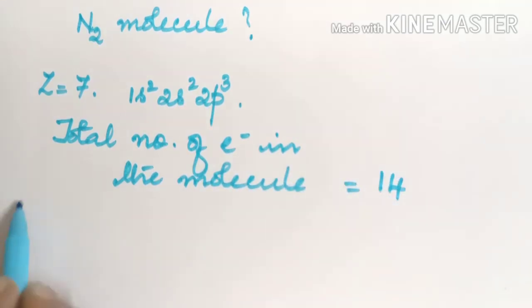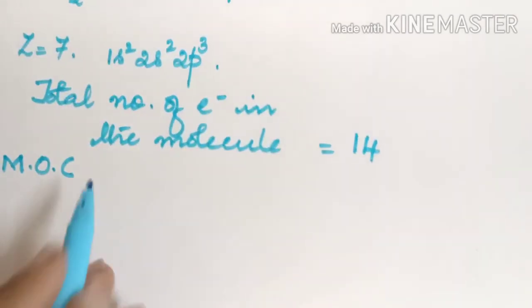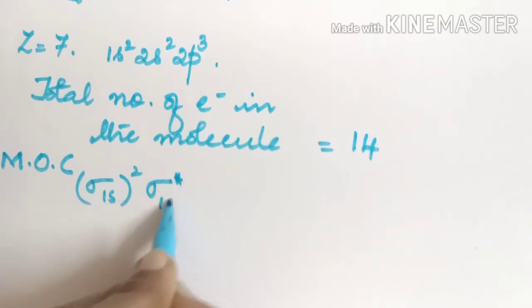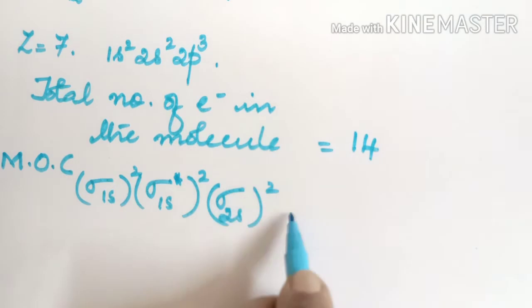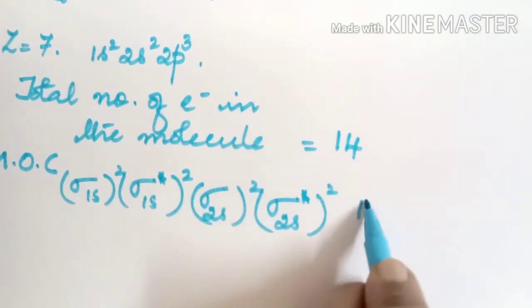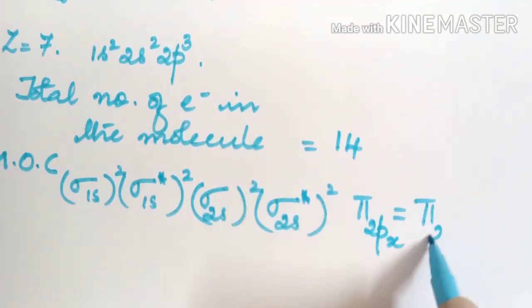And so the molecular orbital configuration is written as sigma 1s2, sigma star 1s2, sigma 2s2, sigma star 2s2. Then comes pi 2px equal to pi 2py.